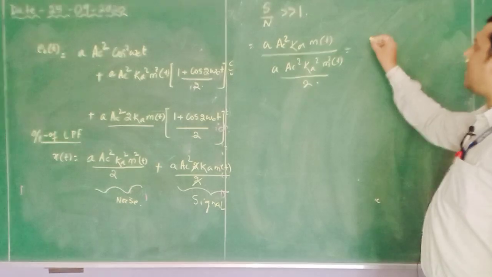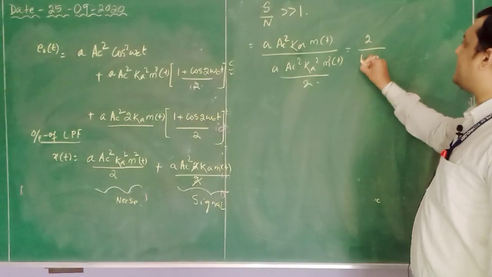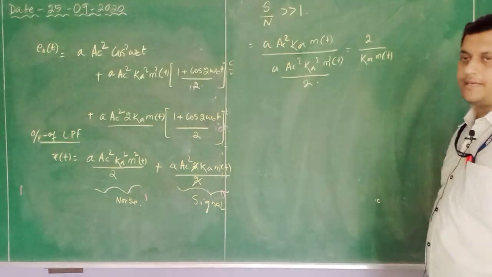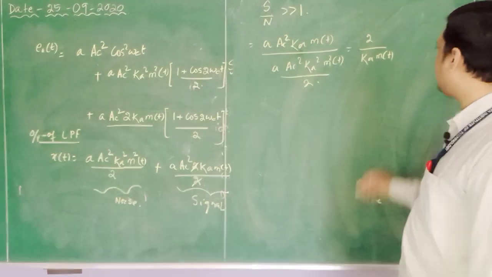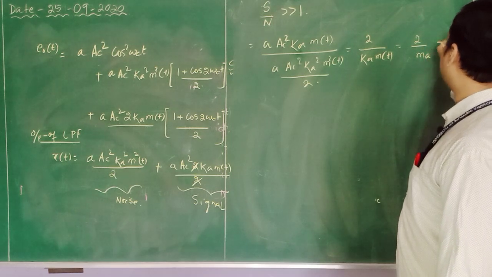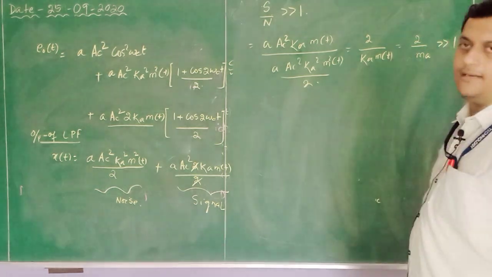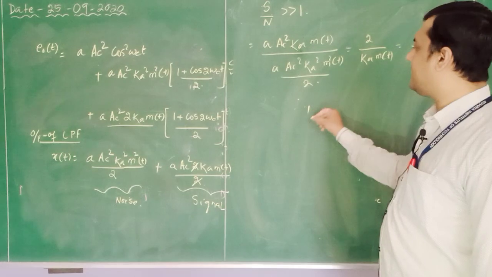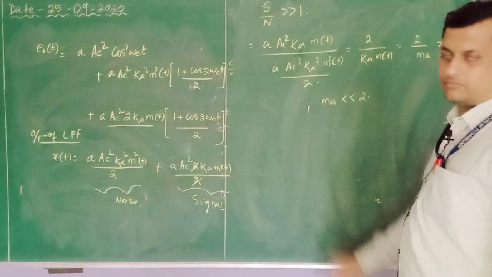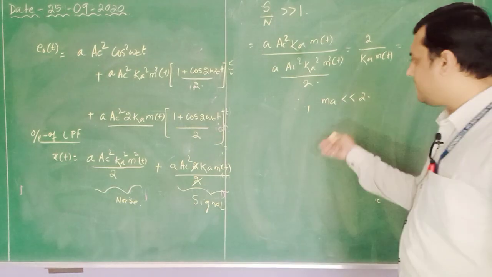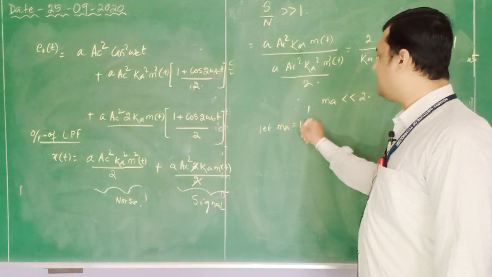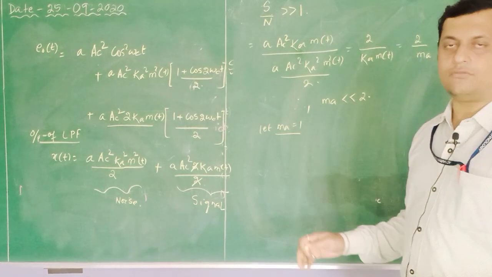If I solve this, I will get twice of Ka M of T, so twice divided by Ka into M of T. Now this is nothing but 2 divided by modulation index, which must be greater than 1. So this indicates that Ma must be less than 2. Let us consider Ma equals 1.